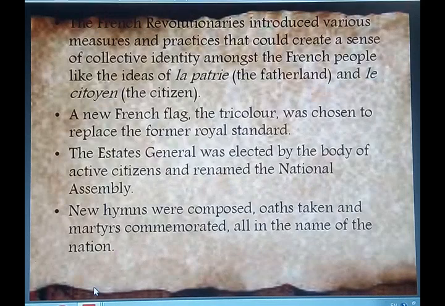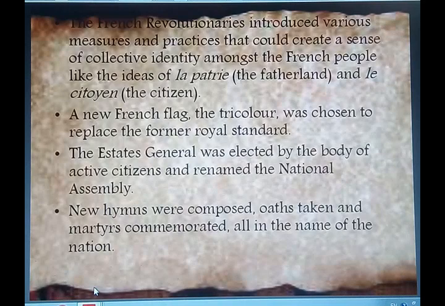The French revolutionaries introduced various measures and practices that could create a sense of collective identity amongst the French people, like the idea of la patrie, meaning the fatherland, and les citoyens, meaning the citizens.